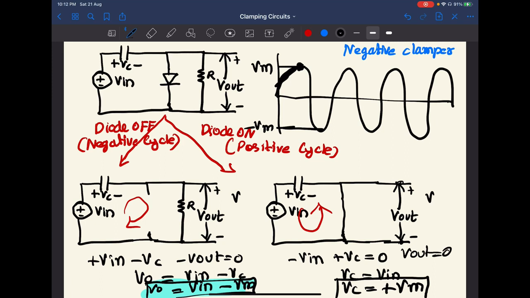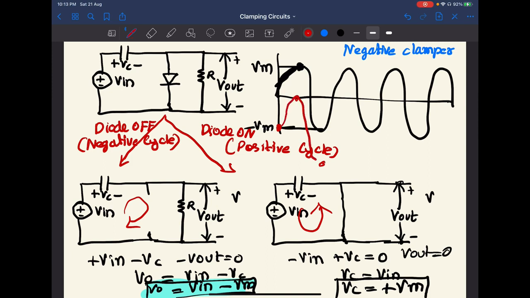So we can plot the output waveform using this equation. We can start from 0. At 0, it is minus Vm using this equation. At Vm, it is 0. At minus Vm, it is minus 2Vm.